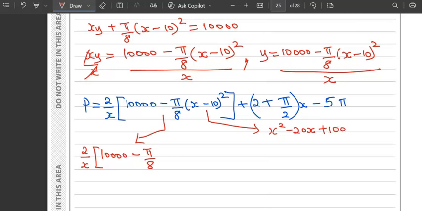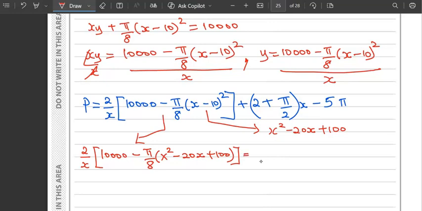So that is what we are going to substitute here: x squared minus 20x plus 100. We close this bracket and we can simplify this.